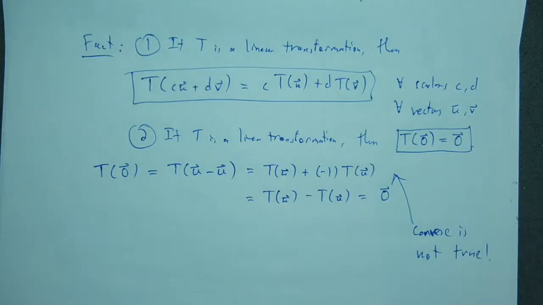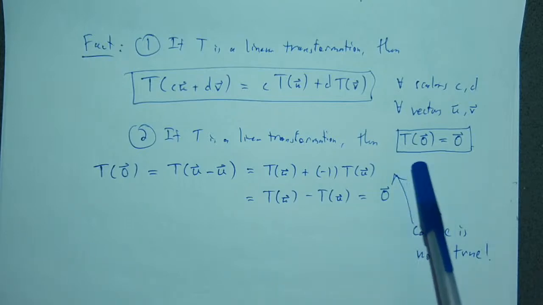If you have a statement, if P then Q, the converse statement is if Q then P. There's no logical relationship in general between the truth of a statement and the truth of its converse. If a statement and its converse share the same truth value, that's an if and only if statement. It's a combination of two statements, a statement and its converse. But the converse of this is not true.